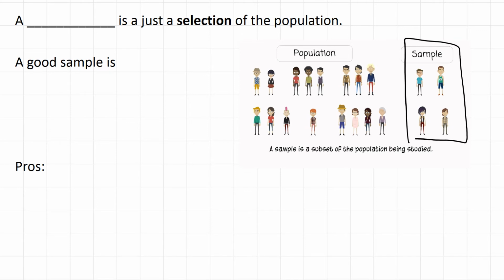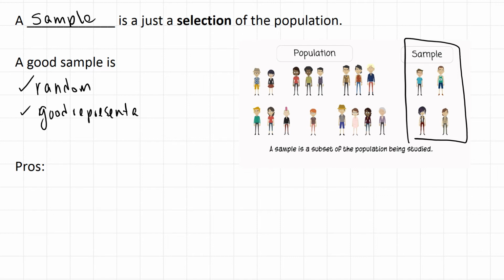Here are your 4 guys, and you have just created a sample, and that is just a selection from the population. And it is a good sample if it is random, and if it is a good representation of the entire population.